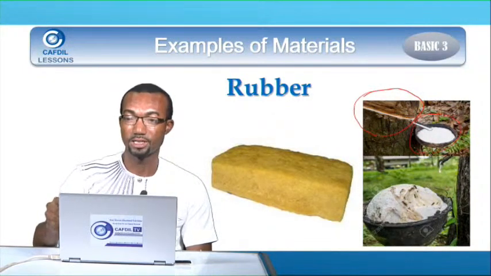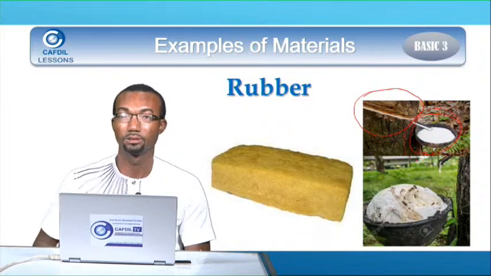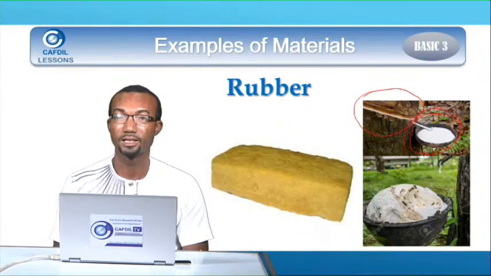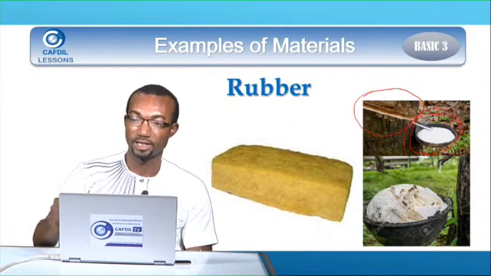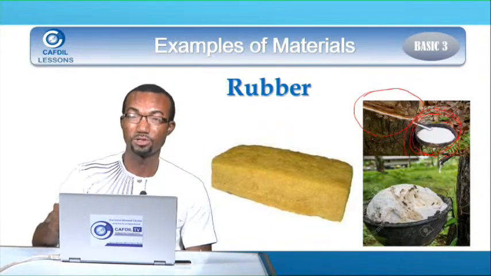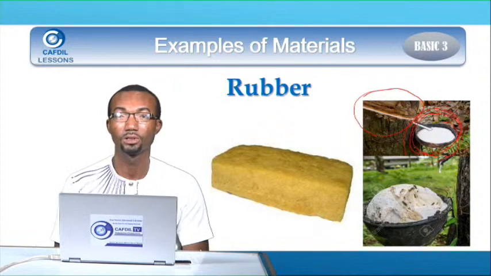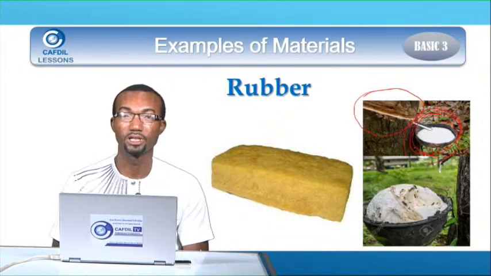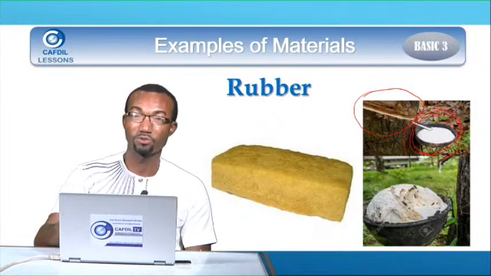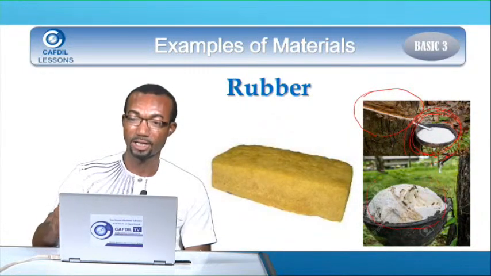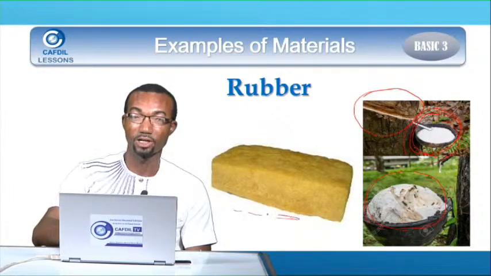What is being collected here is called latex. The whitish substance you see here is called latex, and we get it from trees. They add some chemicals to it so that it becomes a little bit hard, and then we get what we see on our screen here.